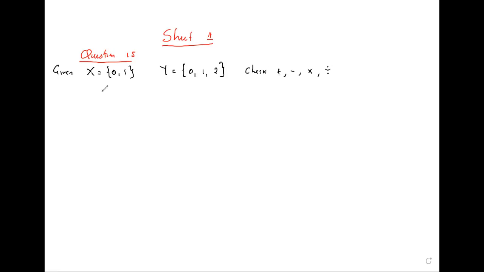So let's start with plus on X. Let's put 0, 1 here, and 0, 1 here, and put plus.